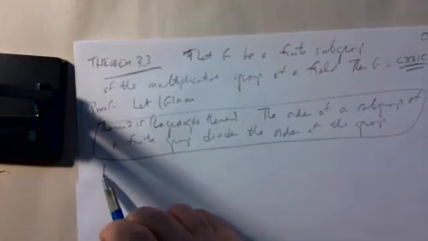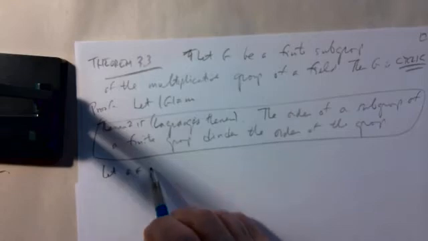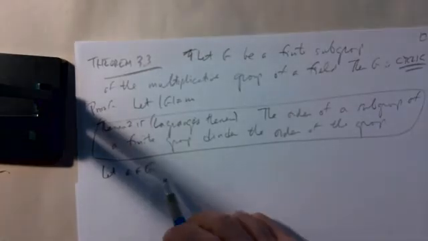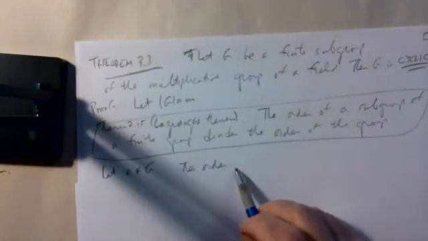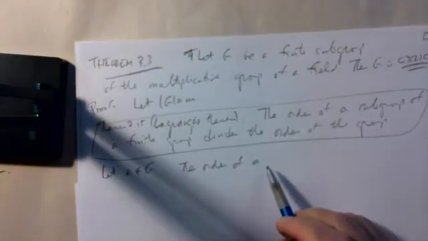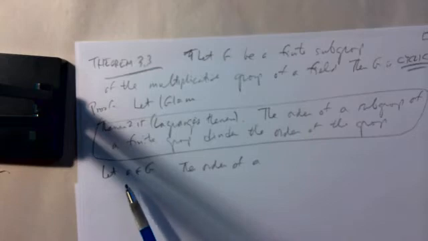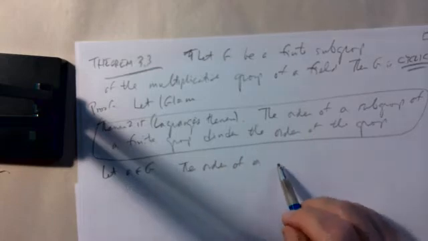So let A be an element of G. So the order of A, what is that? It's the smallest power of A equal to the identity.